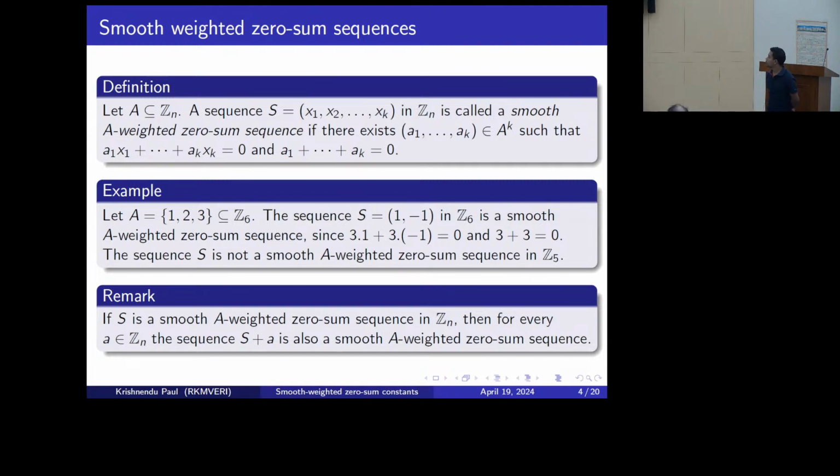The advantage is that for some weight sets, it will be easier to handle the sequence, as we can translate. So we can assume that in any sequence 0 occurs the maximum number of times.